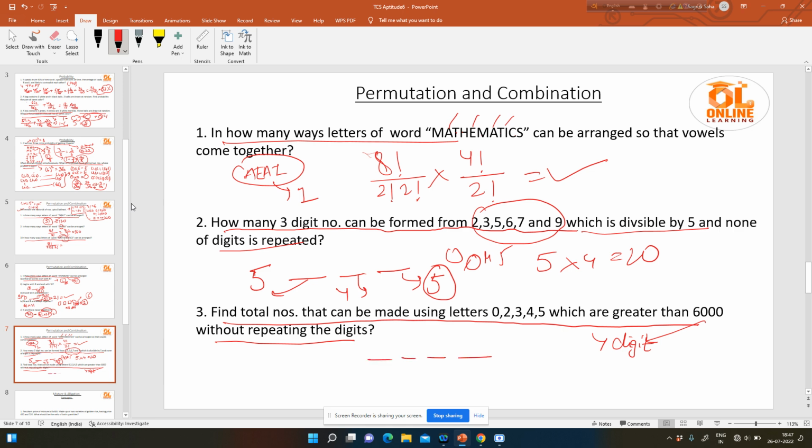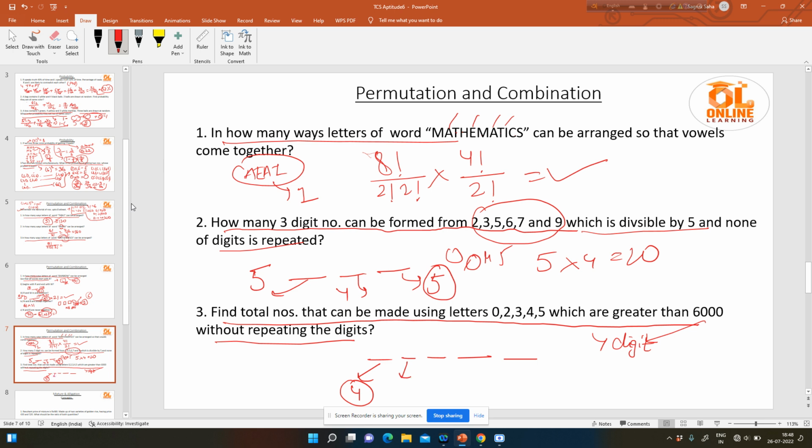If we make a 4 digit number, none of the numbers would be greater than 6000, because the highest number here is 5. So we have to make it a 5 digit number. Okay, so we can fill the first place with 4 numbers only, because if we put 0 in the first place, then we will only be having a 4 digit number. So we can fill the place with 4 digits only. Now in second place, with how many numbers can we fill the place?